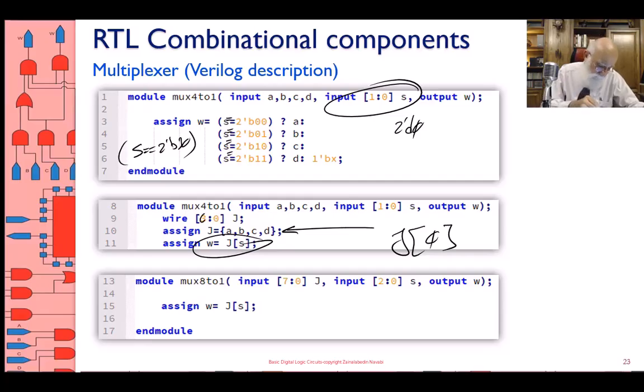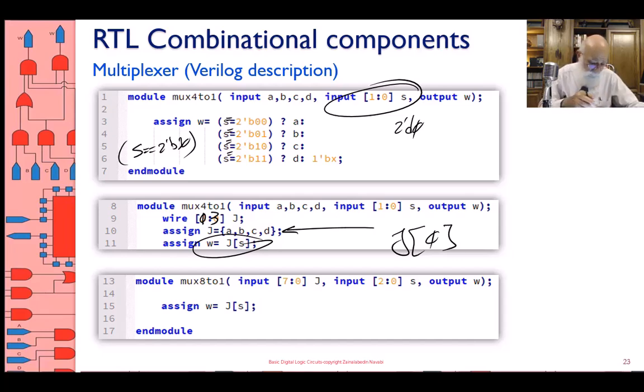Okay, this should have been 0, 2, 3. If S is 0, then leftmost J, which is bit 0, which is A, would go to the output. Doesn't matter, it still works, but to correspond this with what we had, that means S0 selects A, you have to reverse the J indexing.